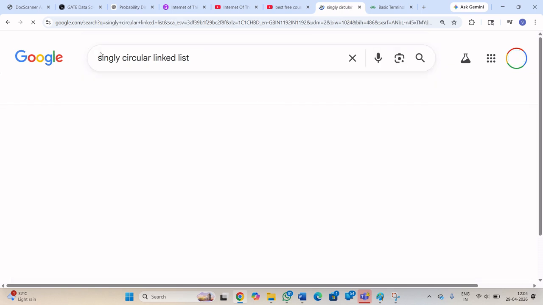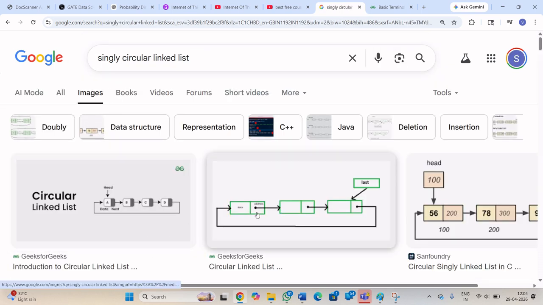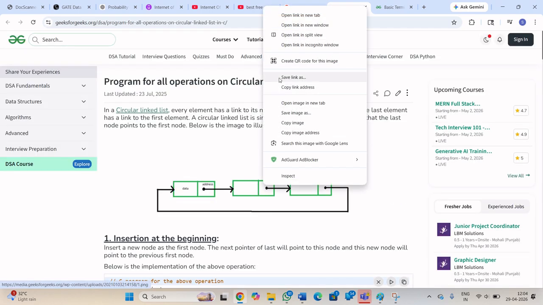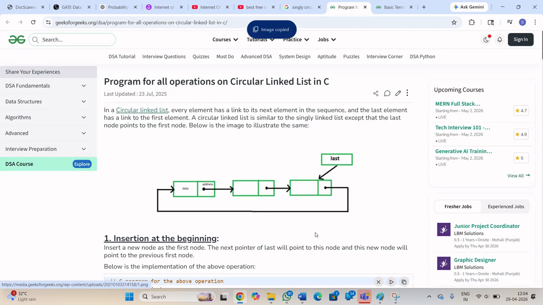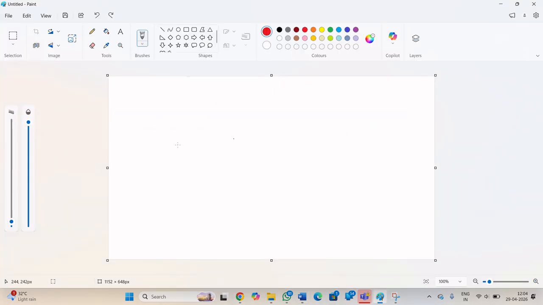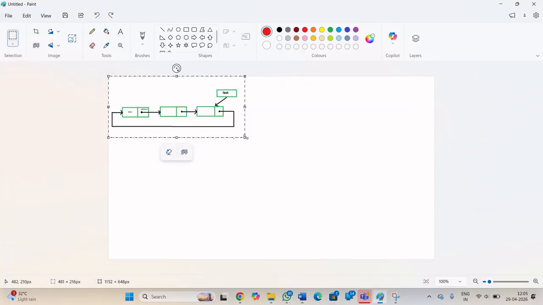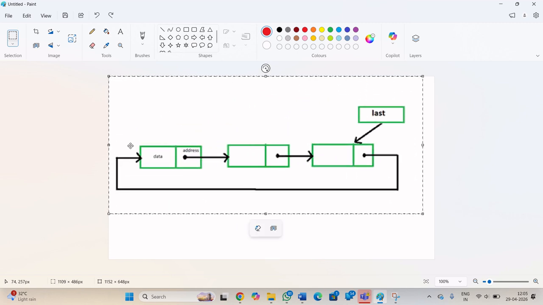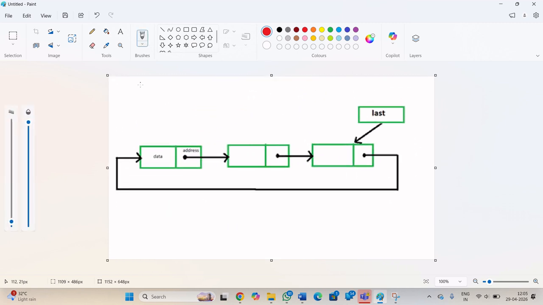Circular means singly circular. Yes, we can show you. So what is that? Let's see here.